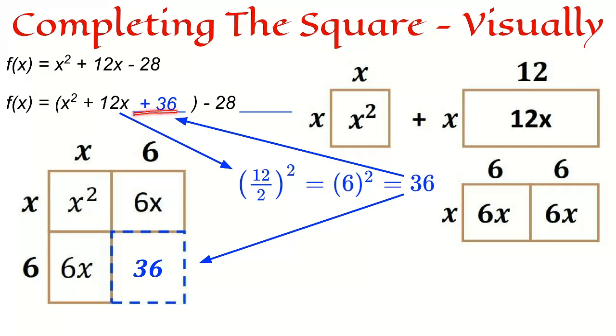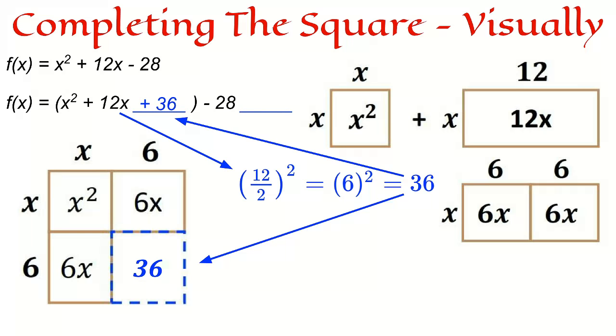So if we're adding 36 here, what do we need to do out here to keep the equation balanced? Anybody willing to go out on a limb? When we add 36 here, what do we need to do out here to keep it balanced?